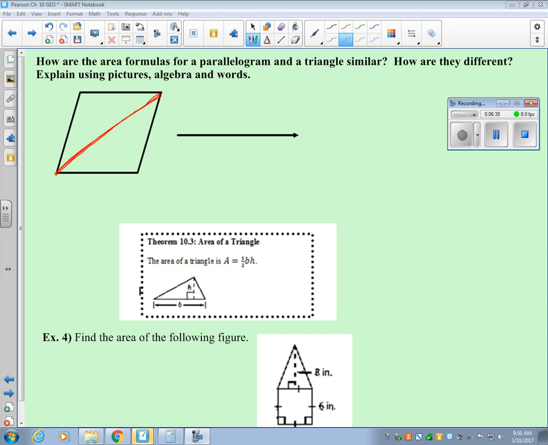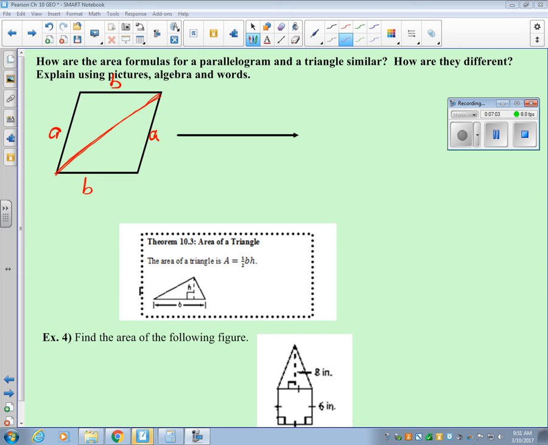We cut our parallelogram in half if we cut it along its diagonal. If this side is A, this side also has to be A because it's a parallelogram. If my top side is B, the bottom side also has to be B. So this is the picture part of our problem.